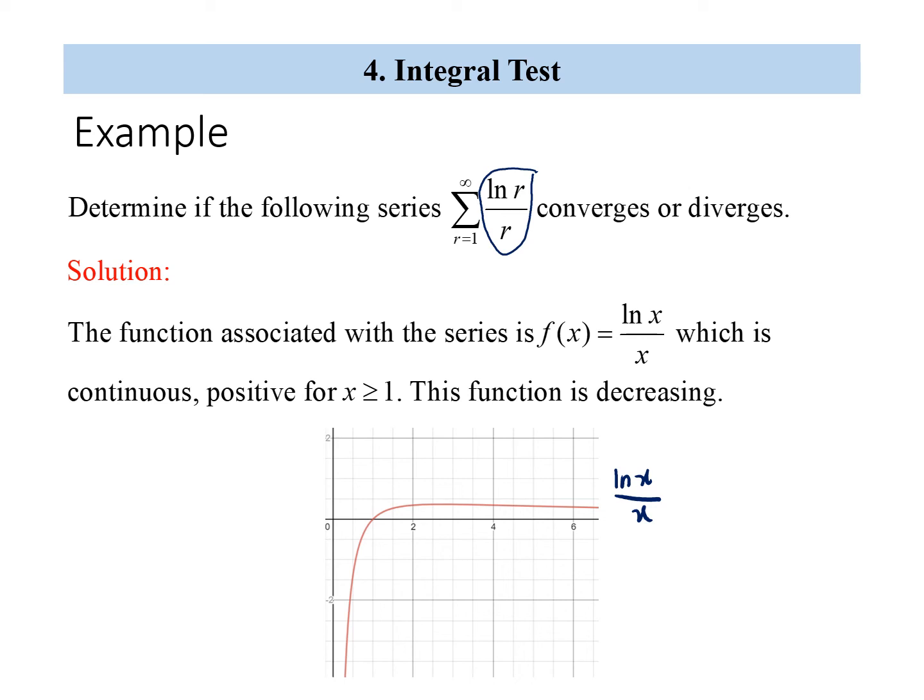The function must be continuous on the range from 1 to infinity. This is where x equals 1. From 1 to infinity, you can see the value of the function is positive, meaning it is more than 0. It is continuous, meaning there is no discontinuity in the interval from 1 to infinity. And you can also see that the function is decreasing.